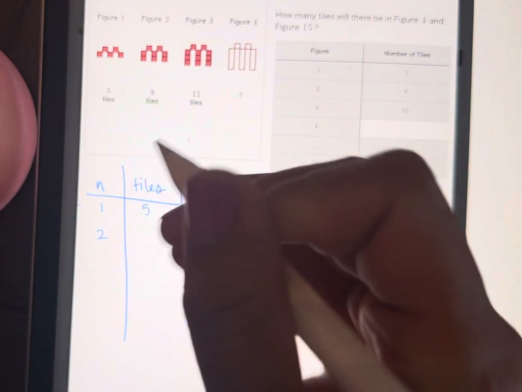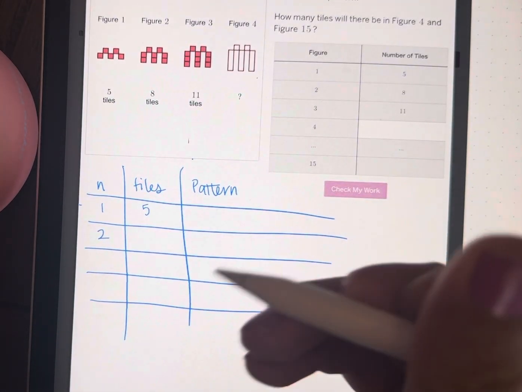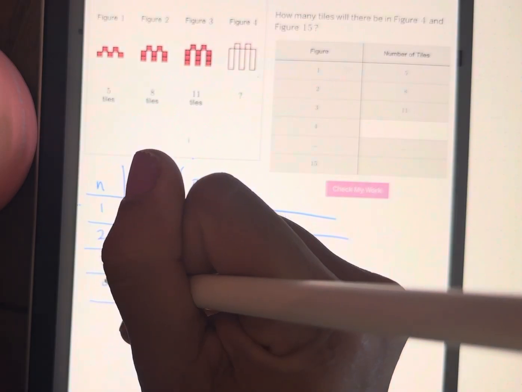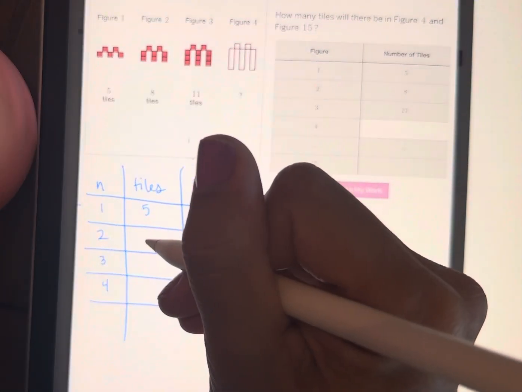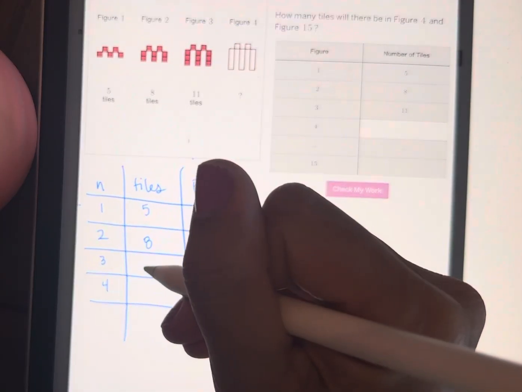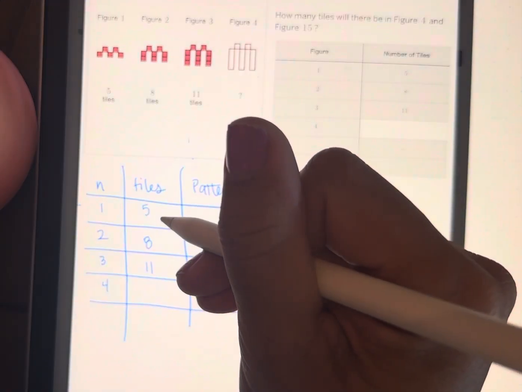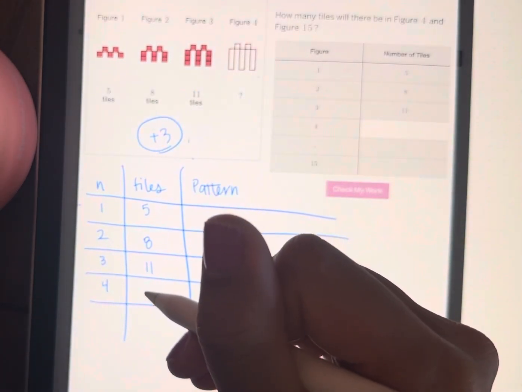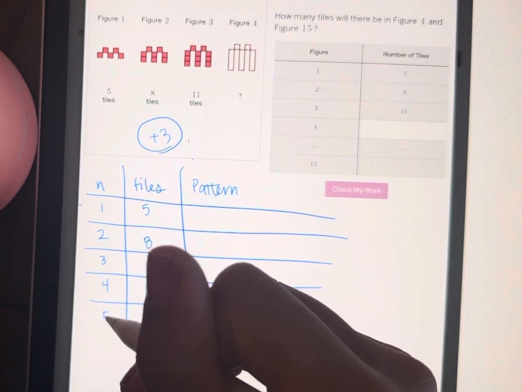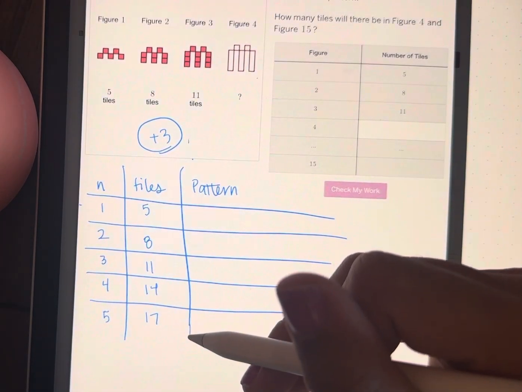In figure 2, our number of tiles is 8. In figure 3, it's 11. And in figure 4, what are we doing? We're adding 3 every time. So it'll be 14. And in figure 5, it'll be 17. So just keep adding 3.